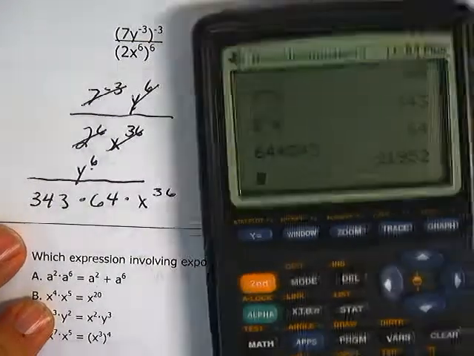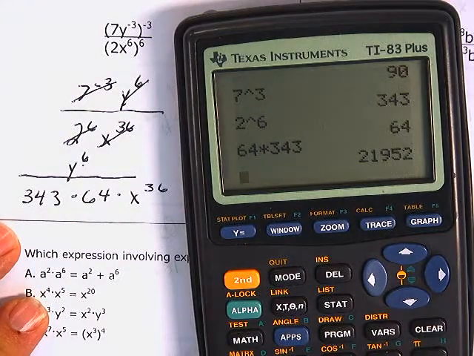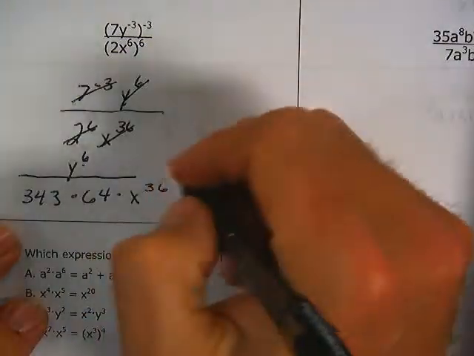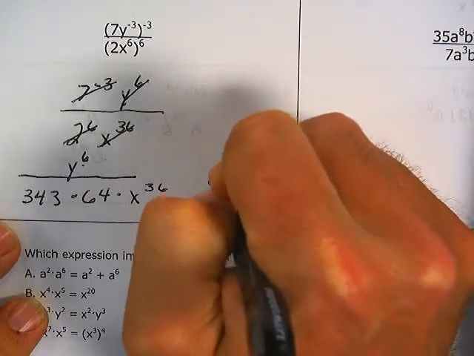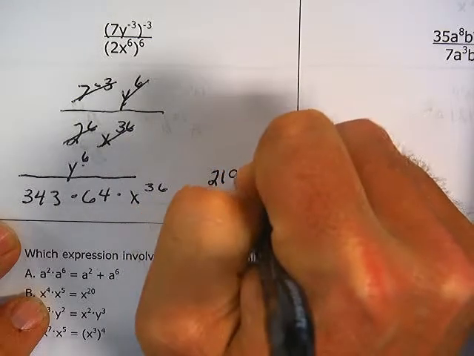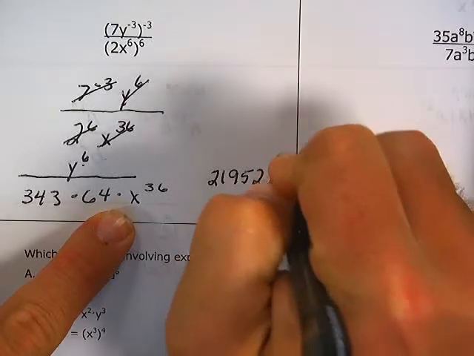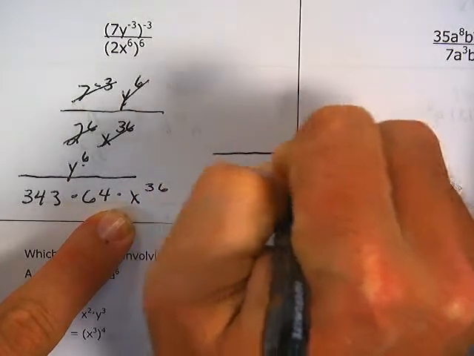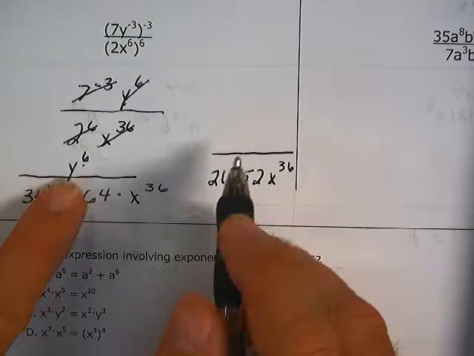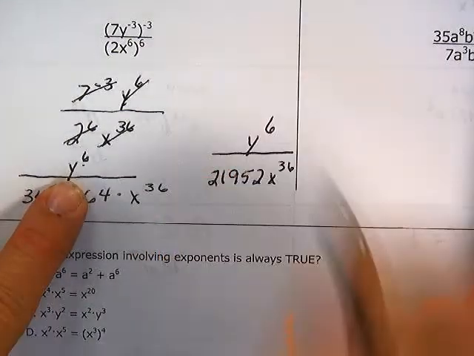It's a big number, 21,952. We also have x to the 36 on the bottom, and on the top all we have is y to the 6.